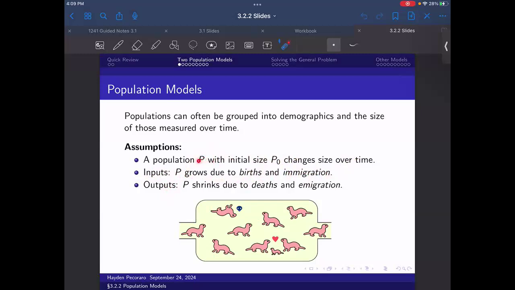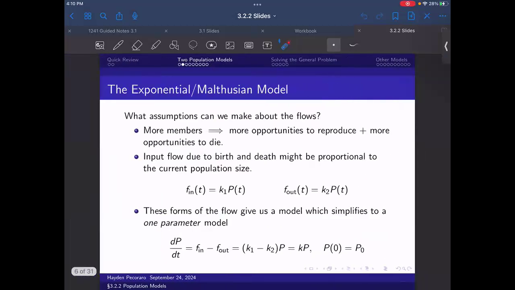If you're thinking about P as an age demographic, then immigration could be, I don't know if you can have immigration, these two might be the same, and you're thinking of just people becoming 25 years old or becoming 31 years old. Right? So they're no longer in this population, or they are newly in the population. And you've got little otters making little otters, and then other otters dying off. And you have these populations that change over time. Right, so there's only one. We don't like otters dying. They're very cute. All right, so what do the models look like?